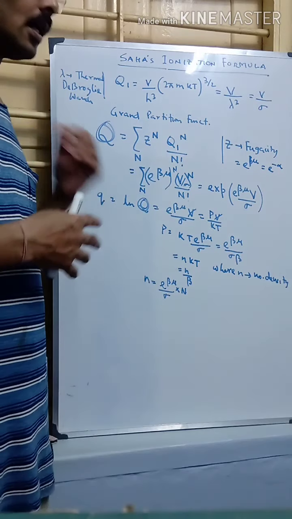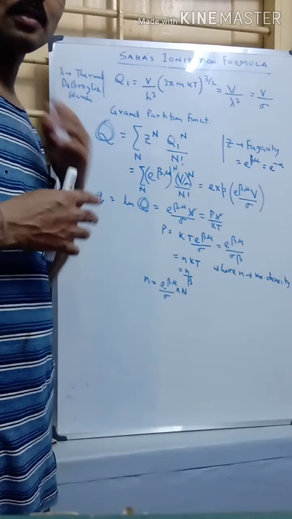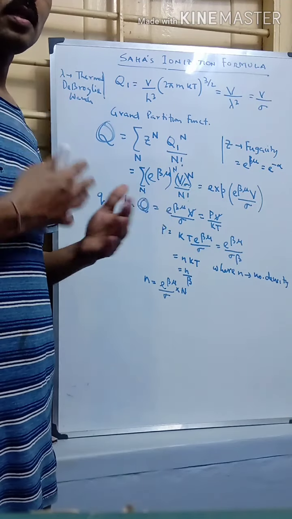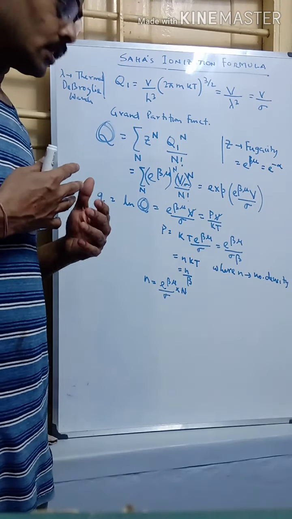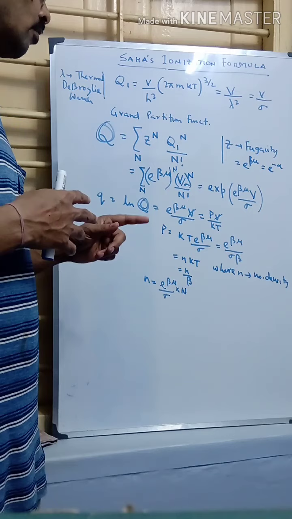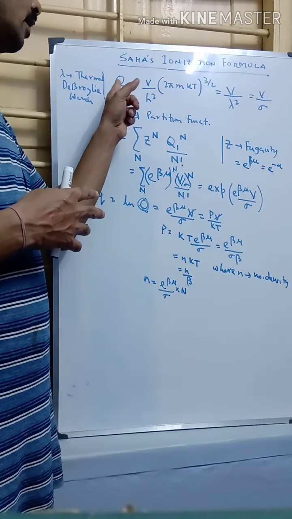As we said earlier, if there exists an internal motion between the particles of the system, then that can be taken into account by putting an appropriate parameter within q1.